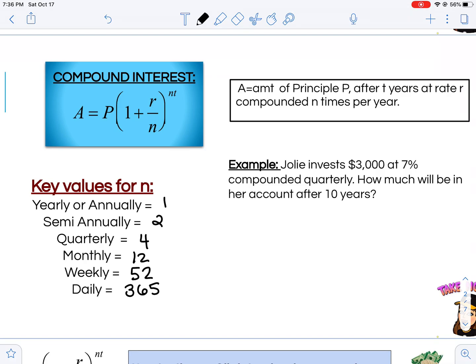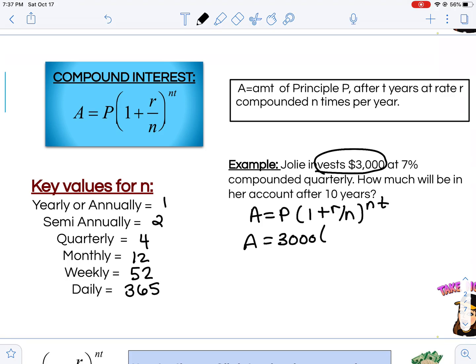So let's take a look at how we would set up an example. Jolie invests $3,000 at 7% compounded quarterly. How much will be in her account after 10 years? So we have our formula. We want to know the amount, so we don't know the amount, but the principal is how much she initially started with. So she had $3,000 to start with. That's her principal.